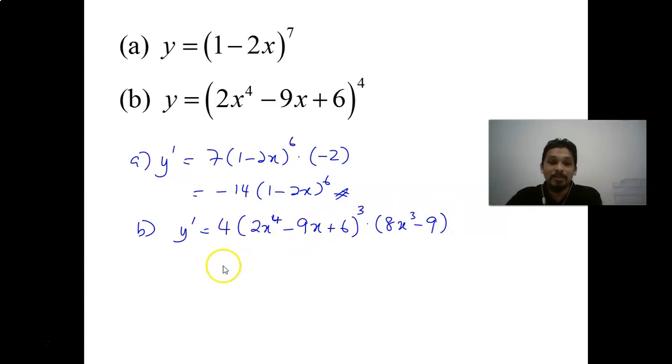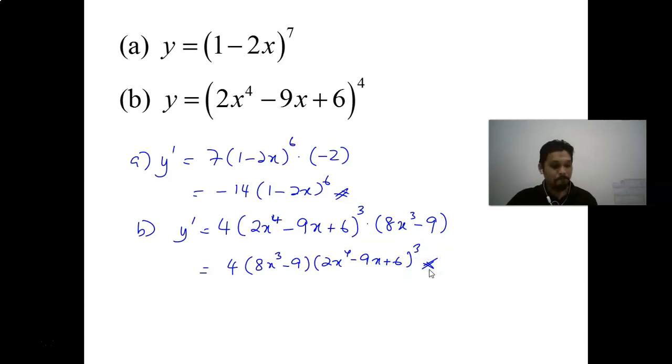So you may simply leave it like this, or simplify as 4 multiplied with (8x cubed minus 9) and (2x to the power 4 minus 9x plus 6) cubed. That's it.